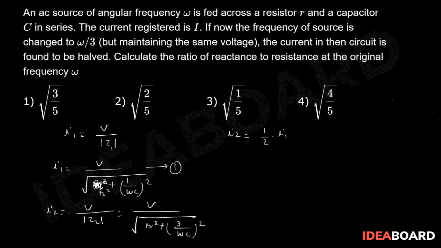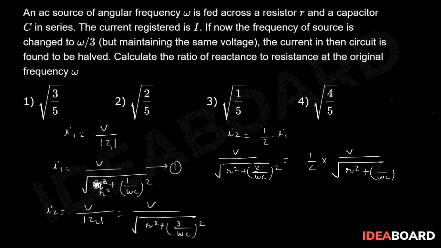So what are we going to get? Put the values of I2: V upon under root of small r square plus 3 upon omega C whole square is equal to half into V upon under root of r square plus 1 upon omega C whole square. So this V is going to be cancelled out.